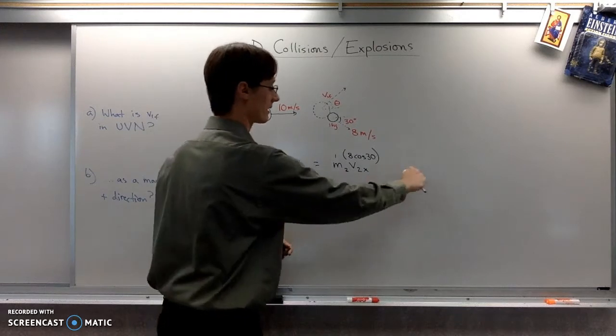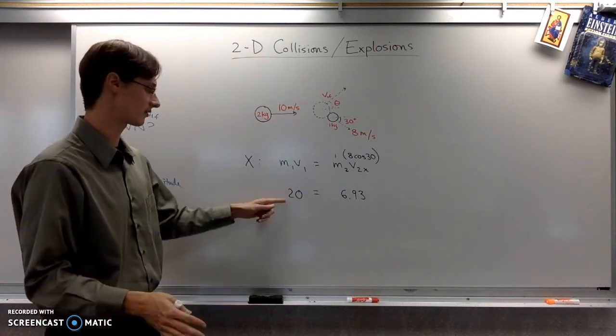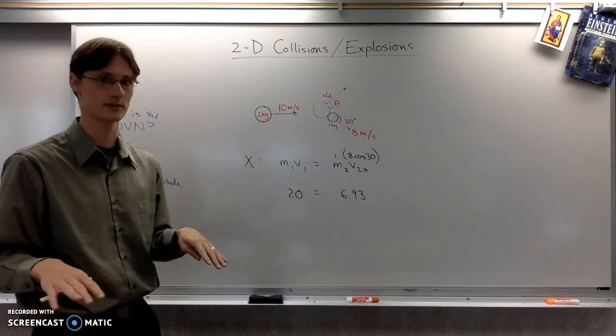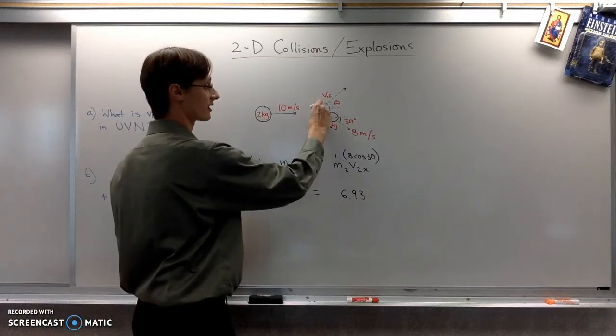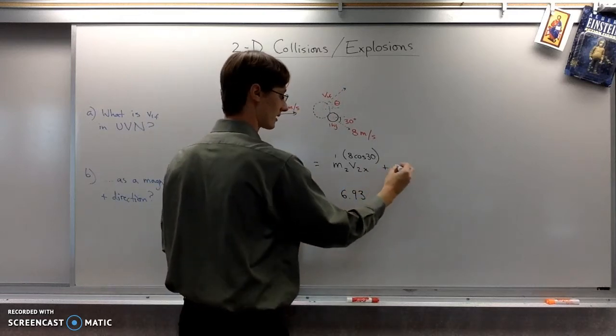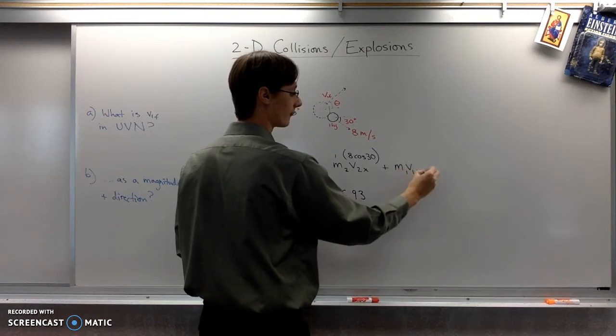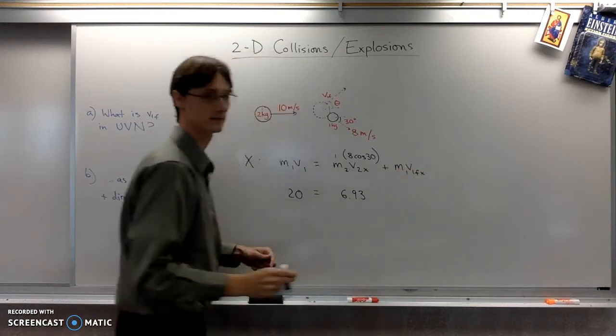Oh yeah, and we forgot about something. Up here, that's not the only thing that has momentum. Otherwise, 20 does not equal 6.93. That would be all kinds of bad. So this one up here has some amount of momentum, and I'm going to express it as m1 v1 final x.